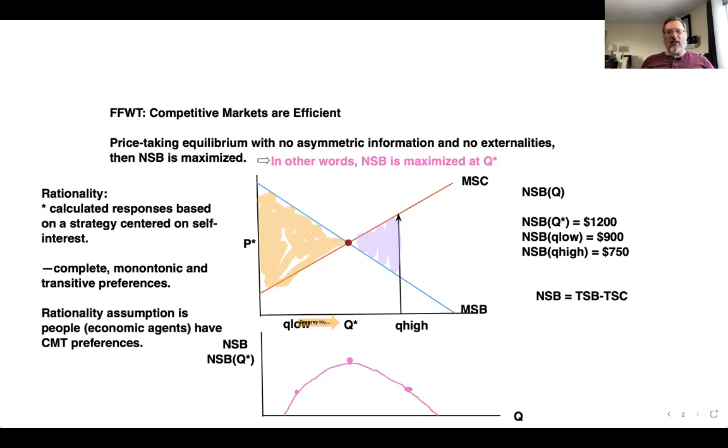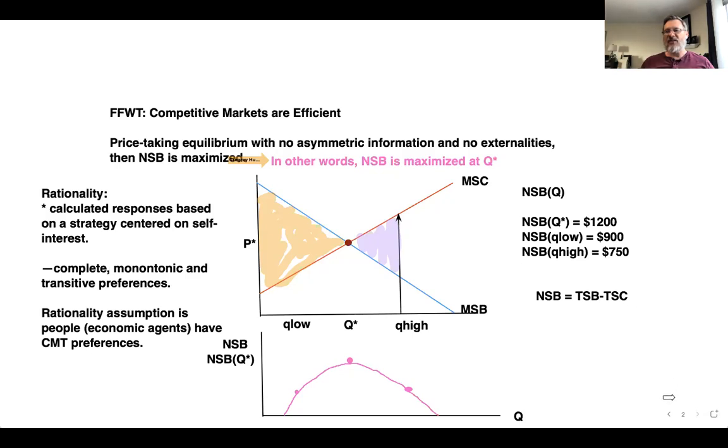And the whole point is, at the end, you're supposed to feel somewhat confident and knowledgeable about how to show that a competitive market really is efficient in the sense that Q star maximizes net social benefit. So that's our main demonstration. Do you have any questions?